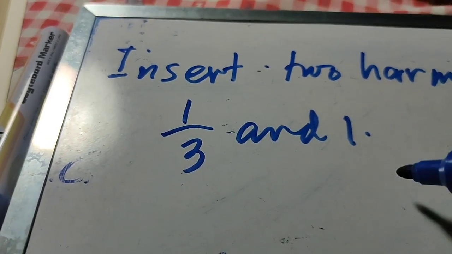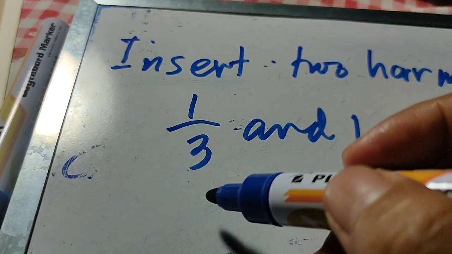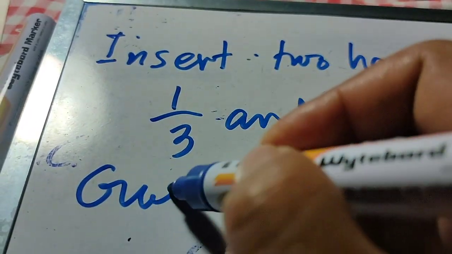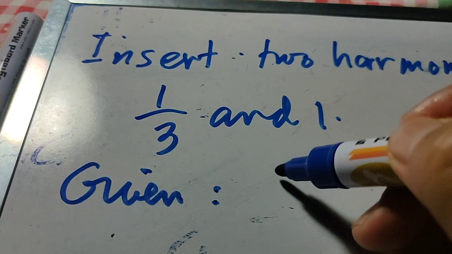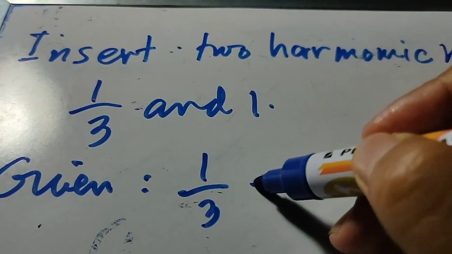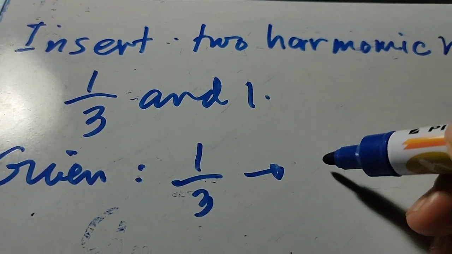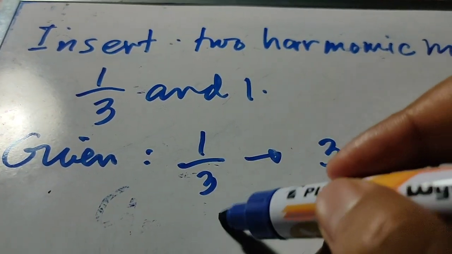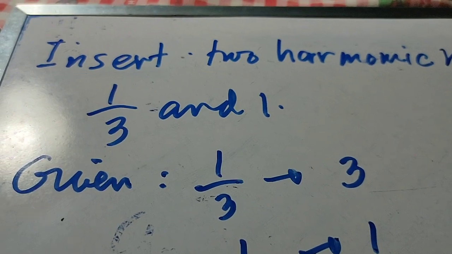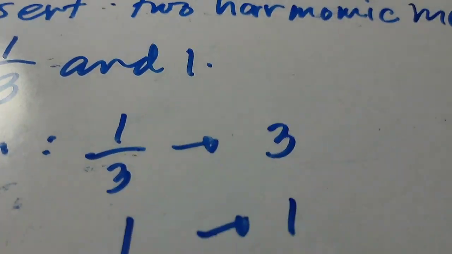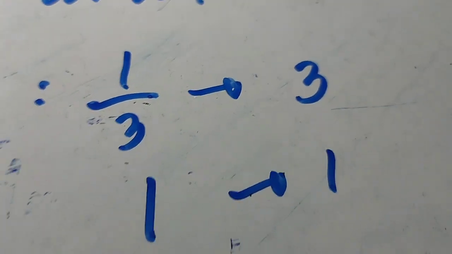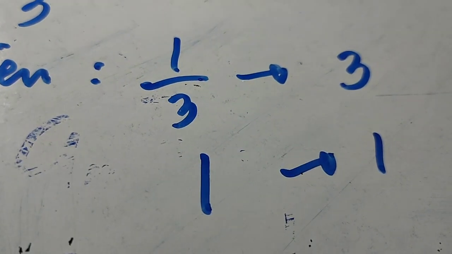Okay, so since the given terms are one third and 1, let us consider the reciprocal, which is 3 for one third, and the reciprocal of 1 is still 1, because that is 1 over 1, and 1 divided by 1 is equal to 1.